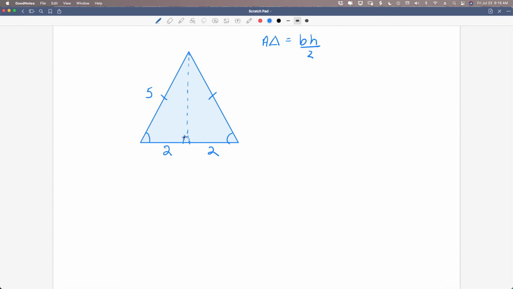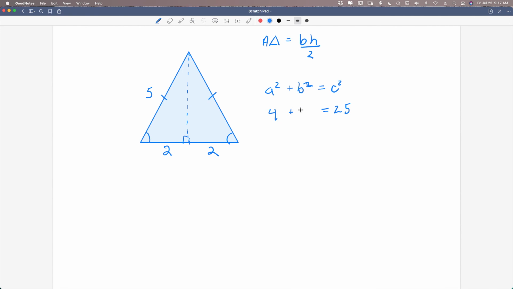So let's use Pythagorean's theorem to find this height. We know that a squared plus b squared equals c squared. C squared is always the hypotenuse. In this case, the hypotenuse is 5. So that's going to be 25, right? Because 5 times 5 is 25. And a, we'll take that as the base. 2 times 2 is 4.